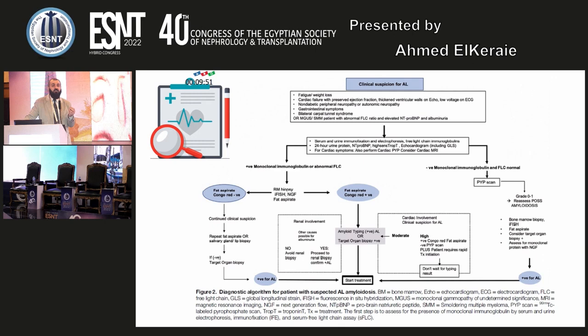If you cannot find the restriction pattern, this does not mean that you don't have light chain amyloid or AL amyloidosis. You can do more digestion of the tissues by proteolytic methods, or you can even use mass spectrometry to diagnose the presence of the amyloid pattern or the amyloid light chain.